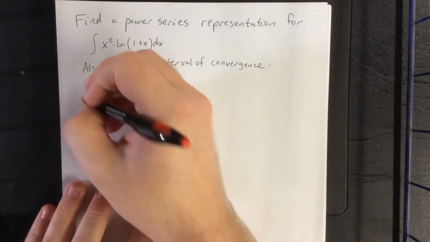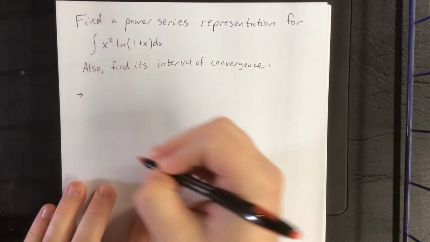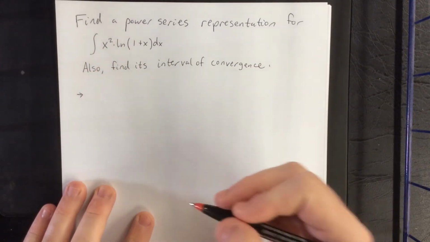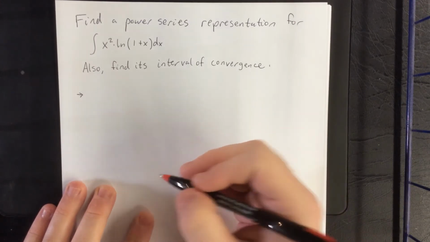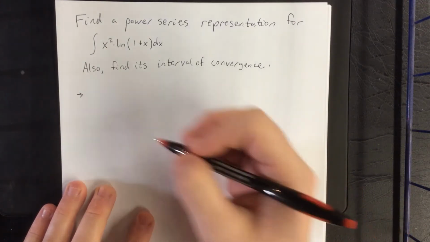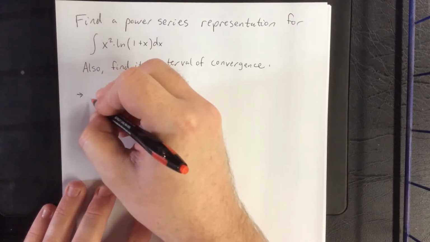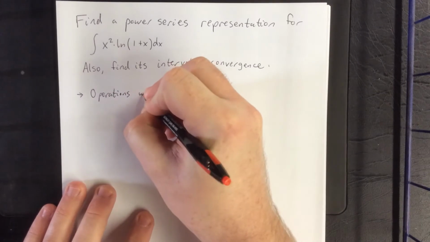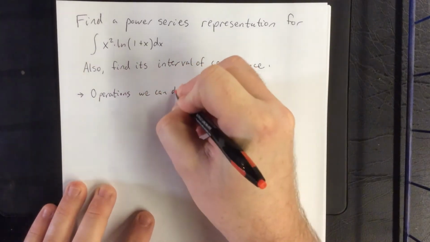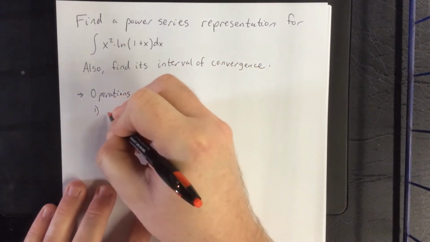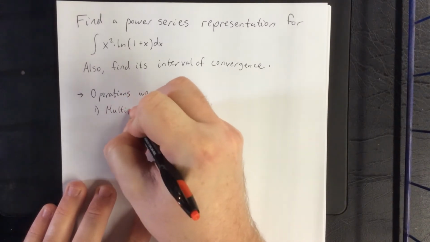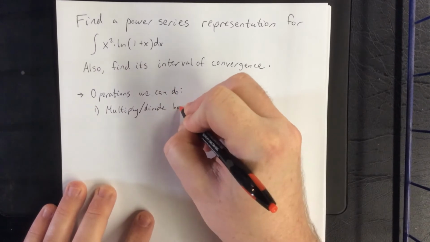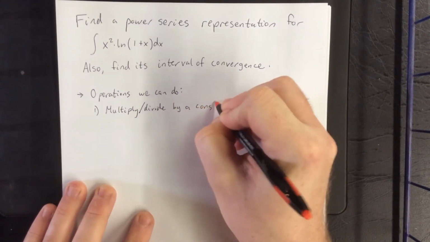The place we're going to start is with a little bit of theory. We're going to talk about the operations that can be done to a power series that won't necessarily change the radius of convergence or the interval of convergence. So these are some operations we can do. One of which, we can multiply or divide by a constant.